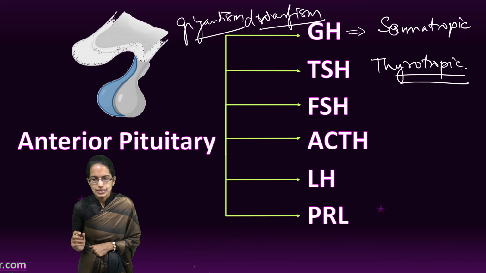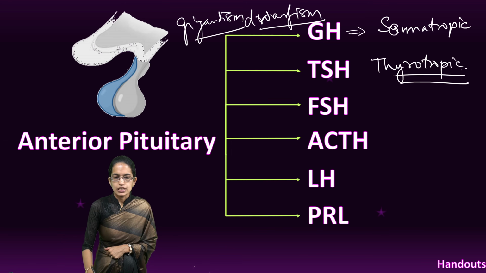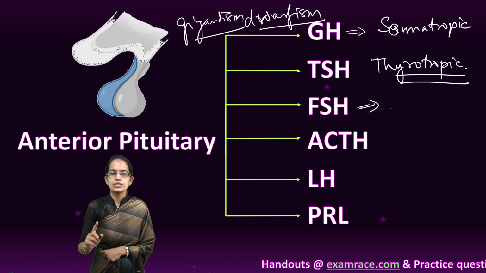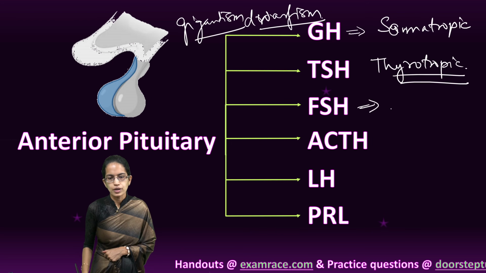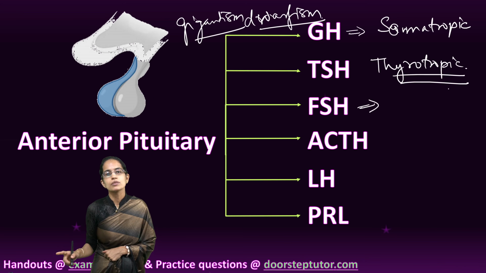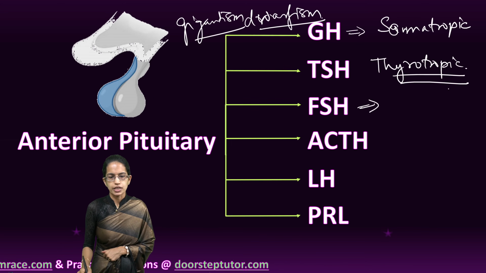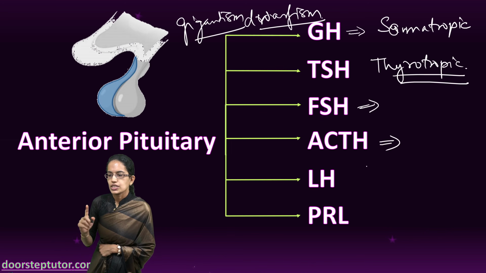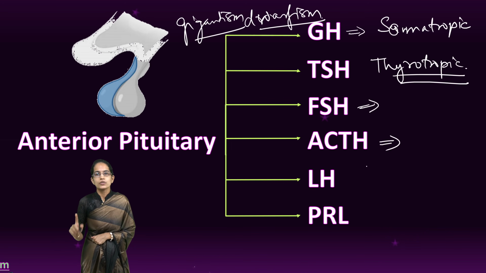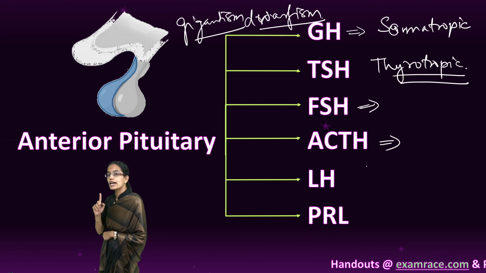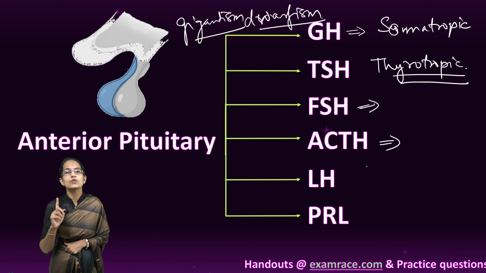The next is FSH, follicle stimulating hormone. In males, it is responsible for the formation of sperm by the process of spermatogenesis. In females, it is responsible for maturation of ovarian follicles. The next is ACTH, adrenocorticotropic hormone. This is responsible for growth and development of the adrenal cortex.